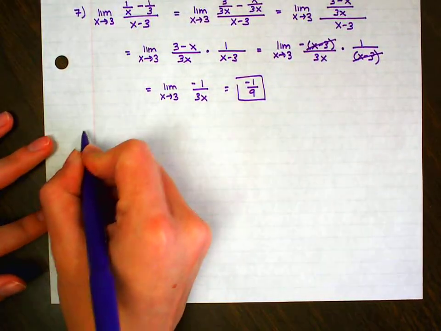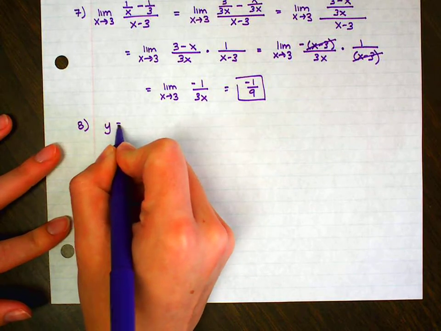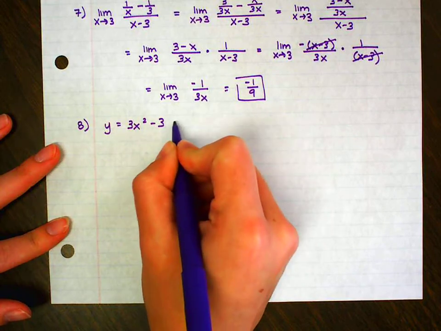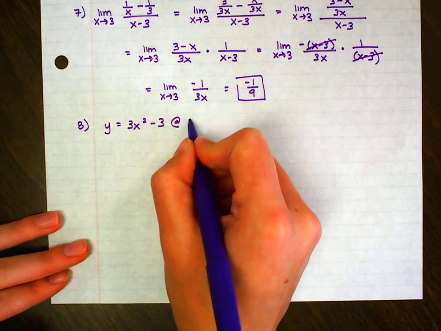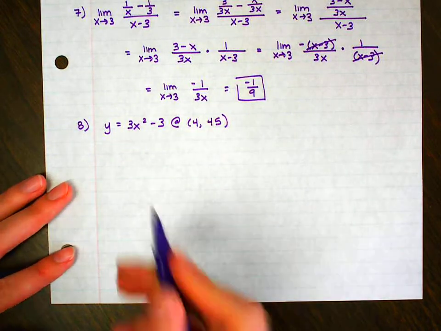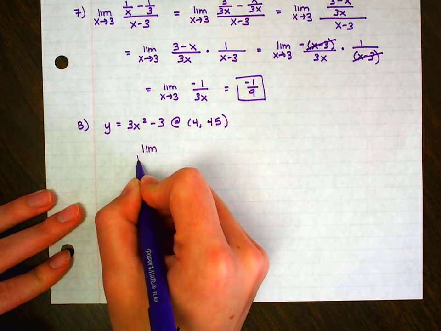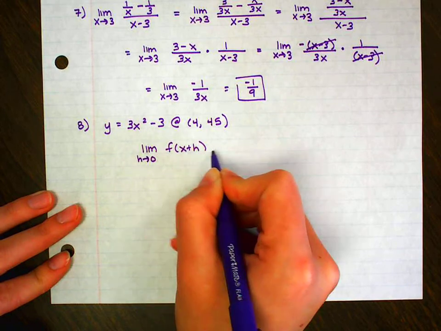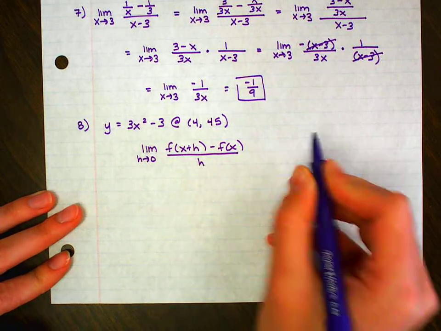So for number 8, my function is this. And I want the equation of the tangent line at 4, 45. I have two options for the limit definition of the derivative. I can do the limit as h approaches 0 of f of x plus h minus f of x all over h.